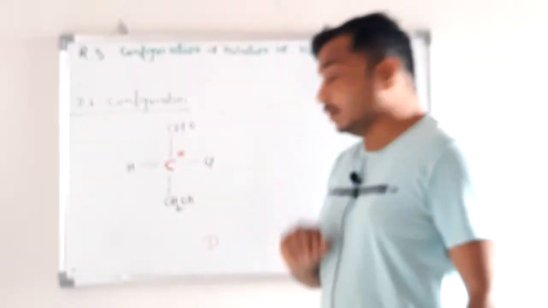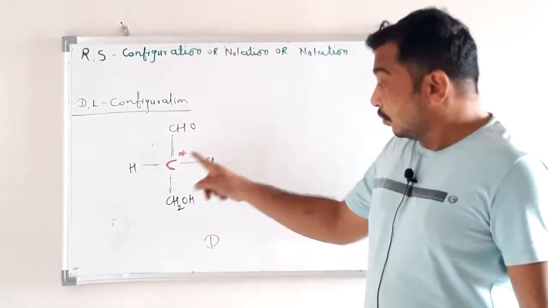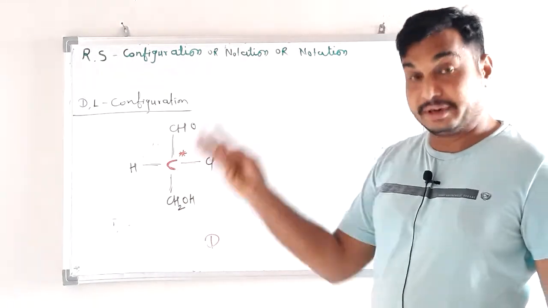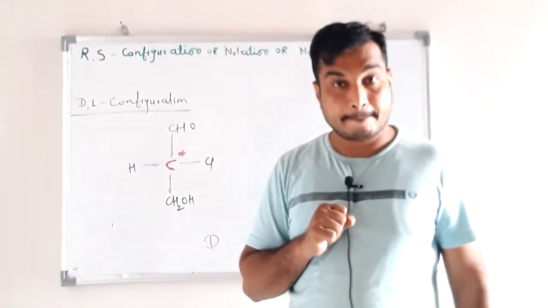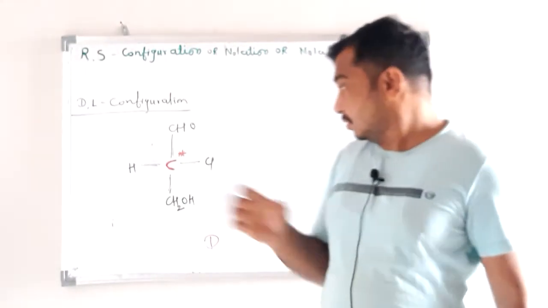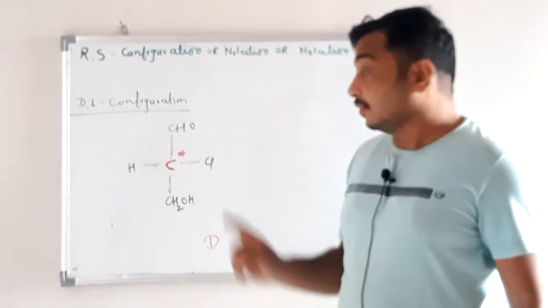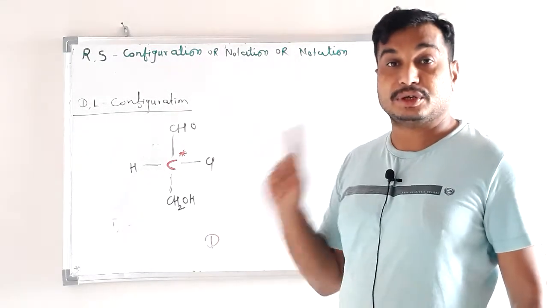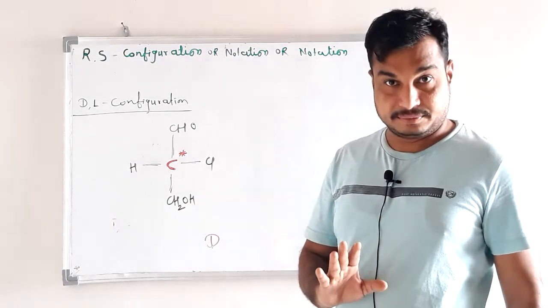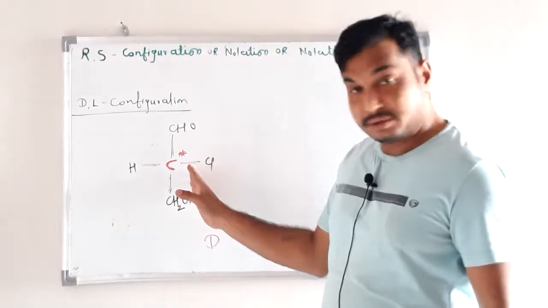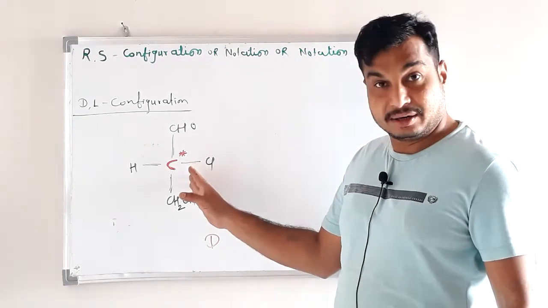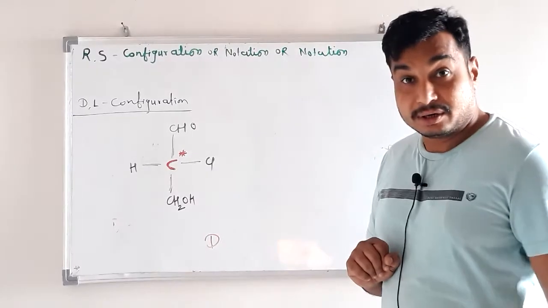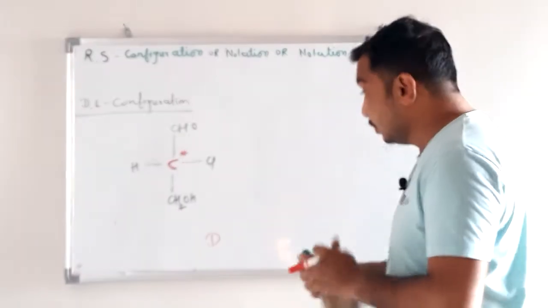In this molecule, what is the position of the OH group at the last chiral carbon atom? Is it on the left side or right side? Can you identify whether it is D or L? No. Why not? Because the OH group is absent.